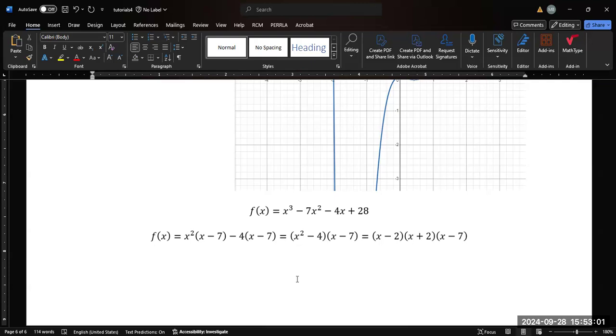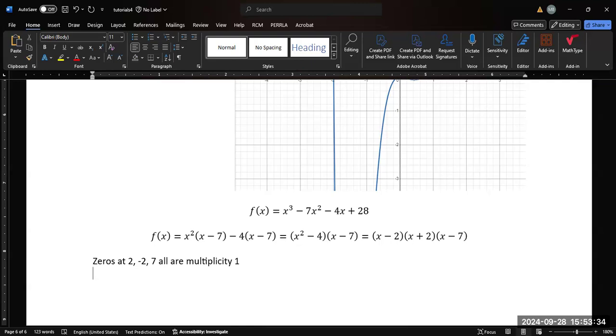But here, because I fixed the sign, we were able to actually do the factoring. And so now we have zeros at 2, -2, and 7, and all are multiplicity 1, which means we won't have any bouncing going on. There's no flattening out before it passes through. It's just going to go straight through the x-axis at each one of these points.